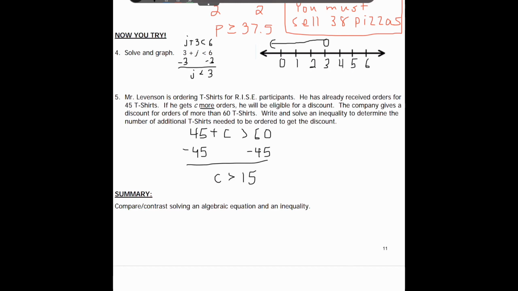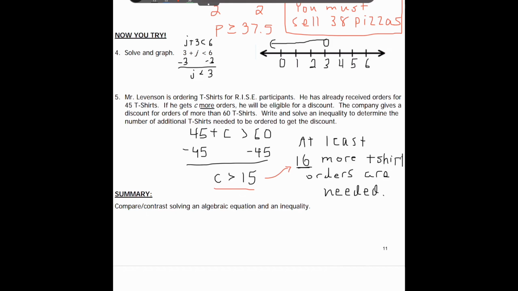So to answer the question, at least 16 more t-shirt orders are needed. And the answer is 16 because that is the first integer that is greater than 15. Since our inequality solution was c is greater than 15, the first integer greater than 15 is 16, which is how many t-shirts must be ordered in order to get that discount.